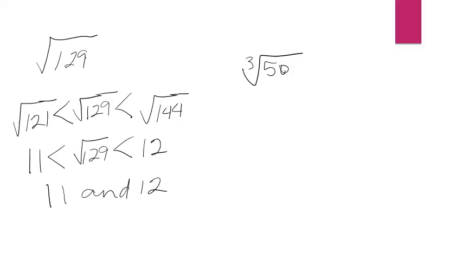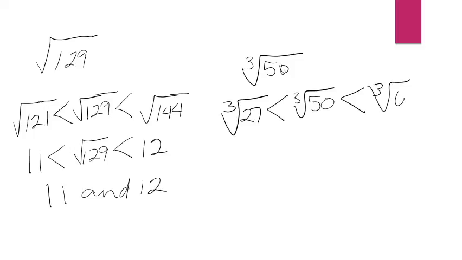We can see that the cube root of 27 comes below the cube root of 50, and then above that is the cube root of 64. In other words, 3 is less than the cube root of 50, which is less than 4.